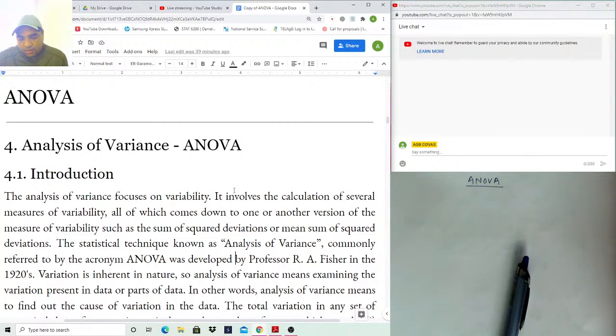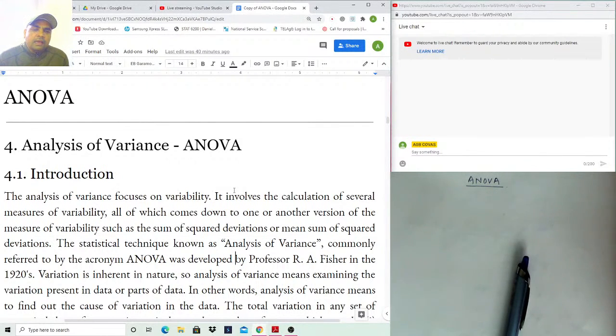Up till now, what we were doing was that from a sample, or we were comparing two populations from one another. Now today we are going to deal with another very important topic, and this topic is analysis of variance.